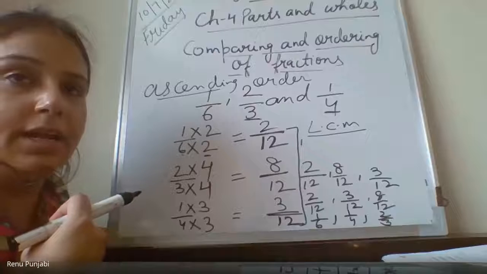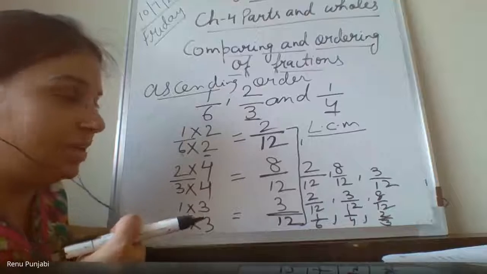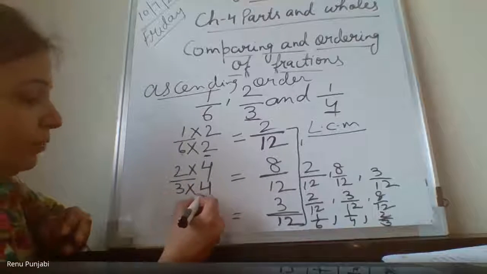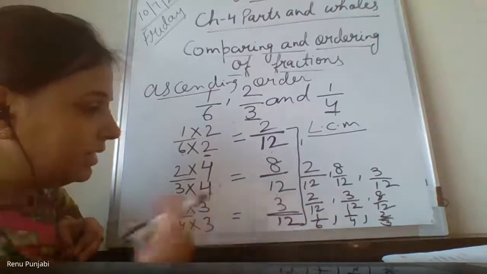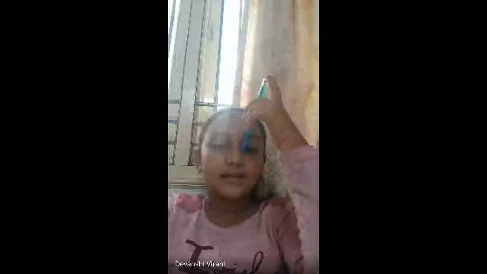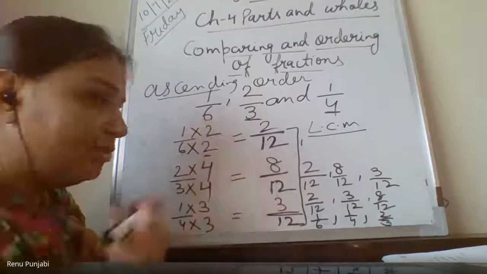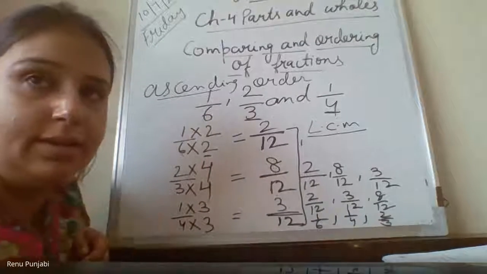Yes, Nishika, tell me. Ma'am, I did not understand why we took 4. Because here 3 will multiply with 4, then only the 12 will come. You already know that after getting the LCM, you have to keep the denominator 12. Clear?